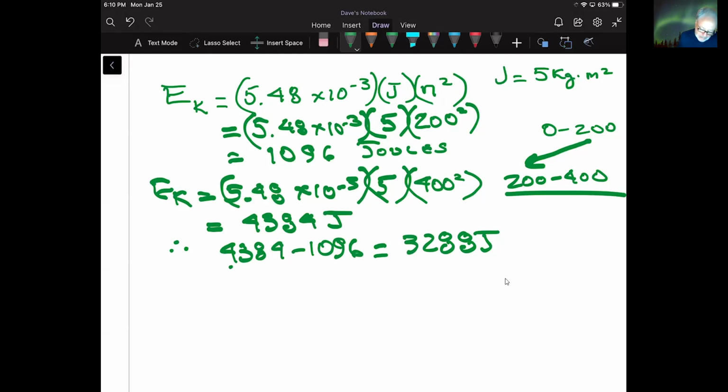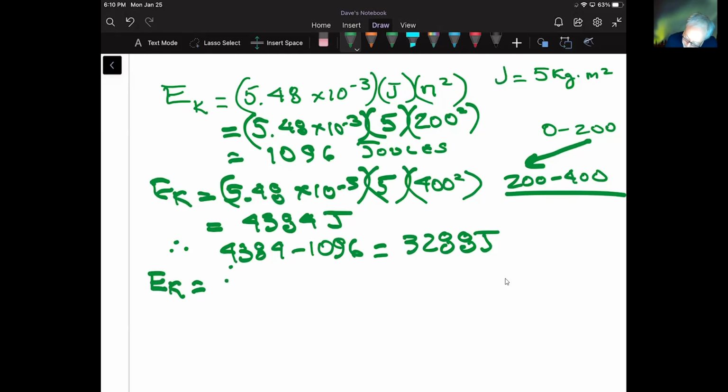And then the last situation is kind of different. He says I'm going from 3,000 to 400, so we're slowing it down, we're braking it, in other words. So for the kinetic energy, did I say 4,000? It's 3,000. I don't know if I said 4,000 or 3,000, but it is 3,000.